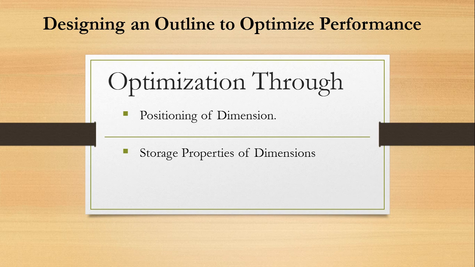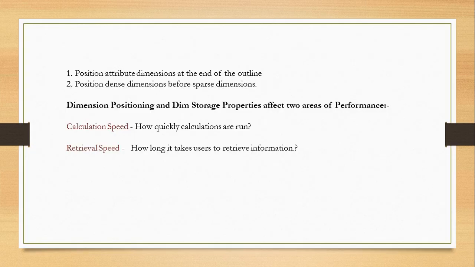Optimization through outline designing is done by positioning the members and dimensions of the outline and the storage properties of the dimensions. In this regard, if my outline has attribute dimensions, we place the attribute dimensions at the end of the outline.